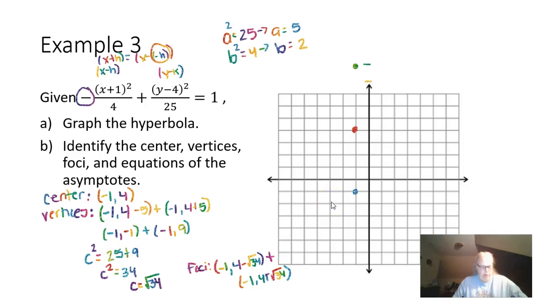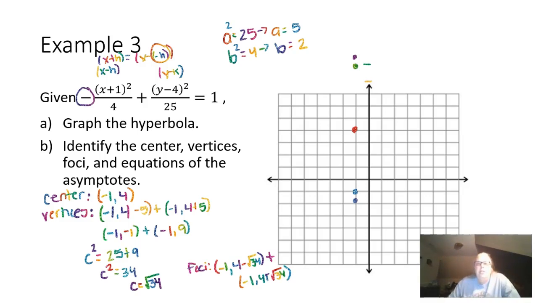So 4 minus the square root of 34 is going to be almost -2. That's going to put us right in here. And 4 plus the square root of 34 is going to put us almost at 10. So this one's going to go in this area right here.